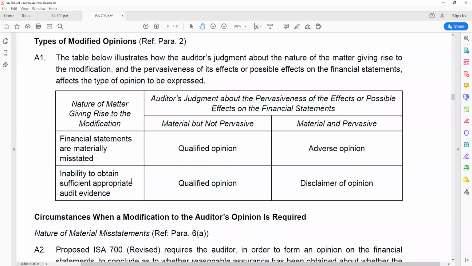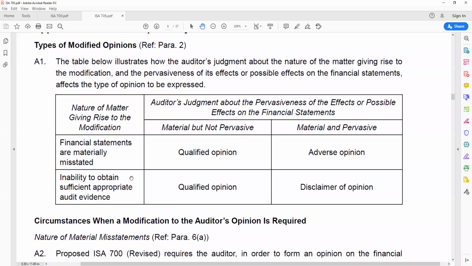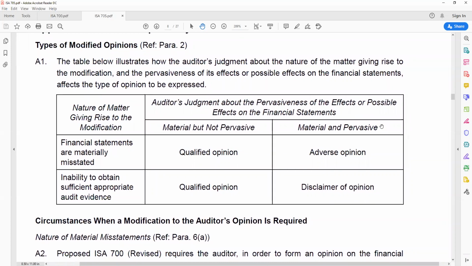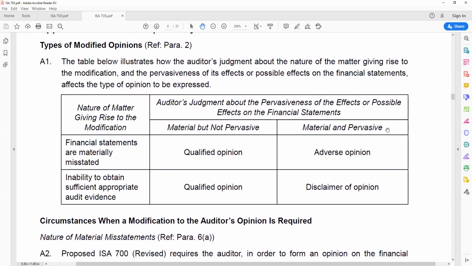If it is because of scope limitation but it's material and pervasive, then this is a disclaimer of opinion.